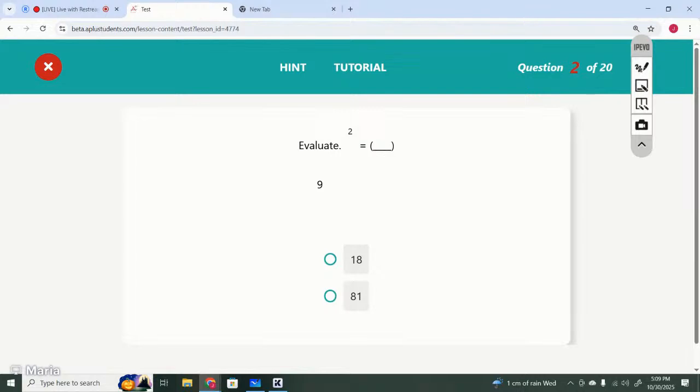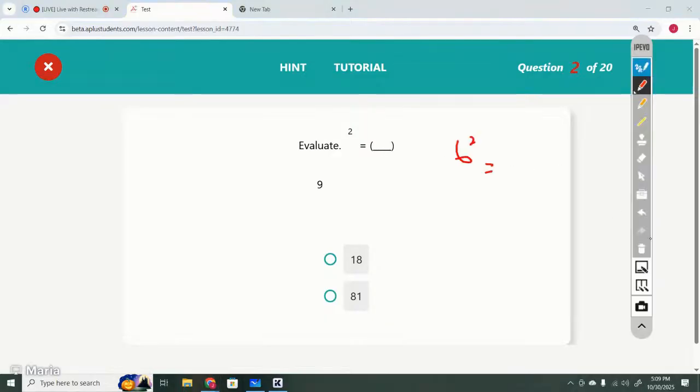Yes, so we have to do 9 square. 9 square means we need to do 9 times 9. 9 times 9 equals, very good, that is 81.